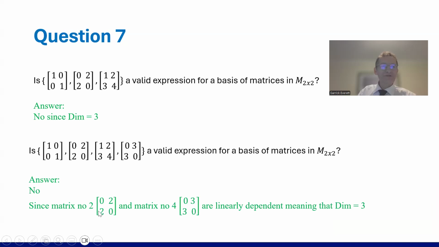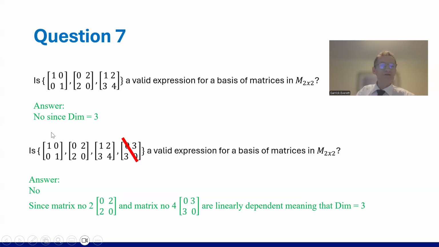Hopefully, since matrix number 2, this one, and matrix number 4, this one, are linearly dependent, it means that dim is still 3. So effectively, this one with its 3's is the same as this one because I can get this one by multiplying by a scalar to equal this one. So it's linearly dependent, which means the dimension of this set is still dim 3. So it's not valid as a basis.